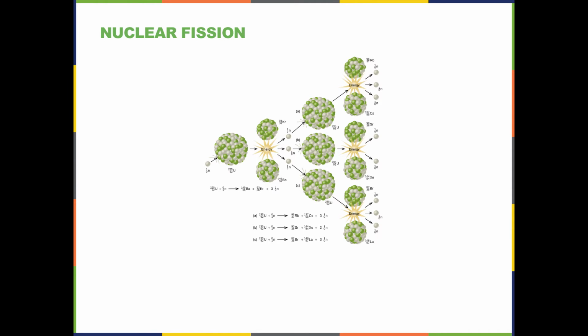Now, a fission reaction can produce nuclei and neutrons as shown here, and those neutrons can go on to cause additional fission reactions in what's known as a chain reaction. So fissile material is a material that can sustain a fission chain reaction.